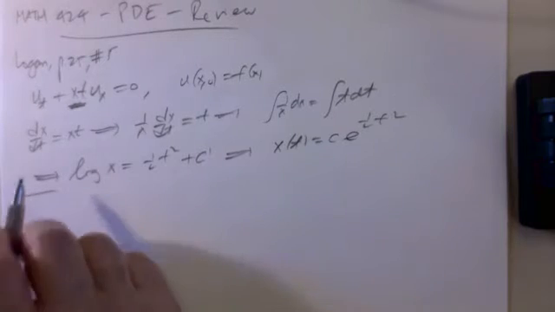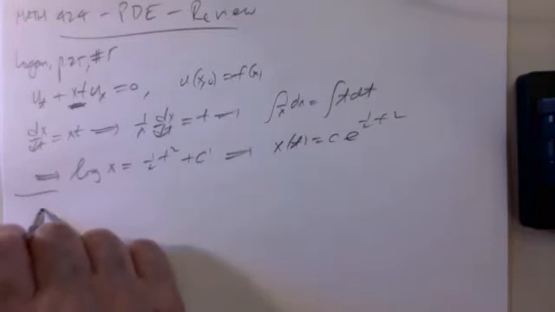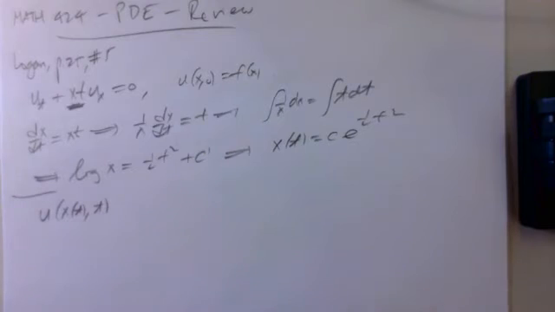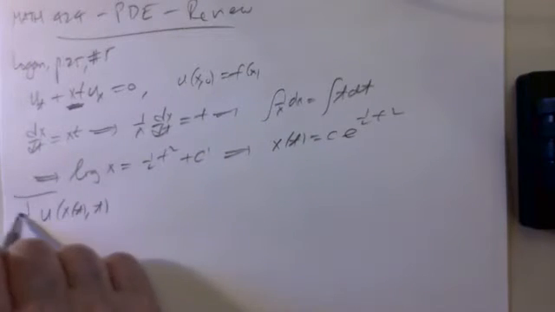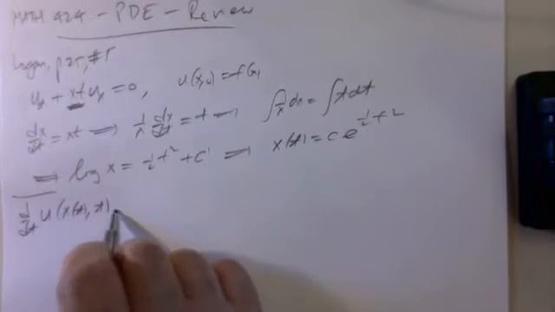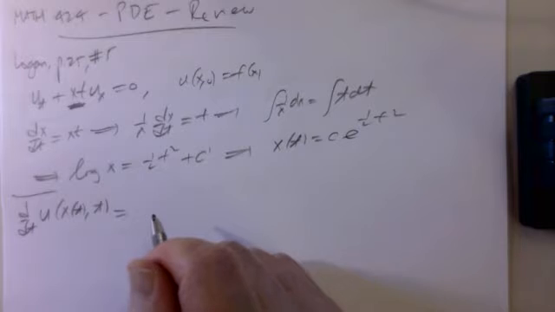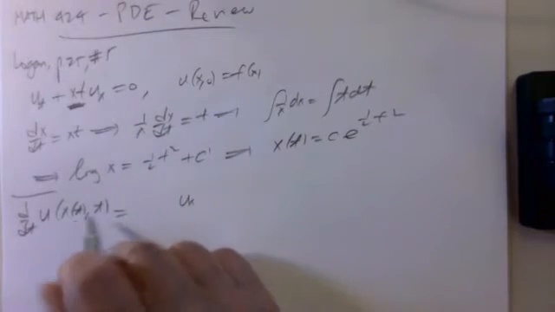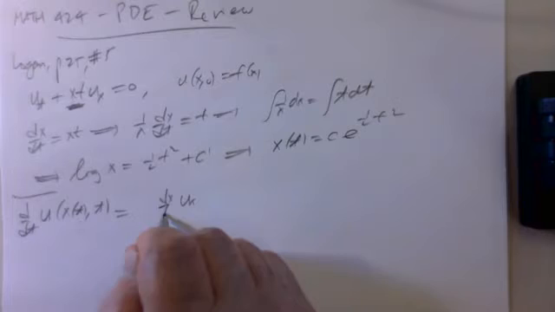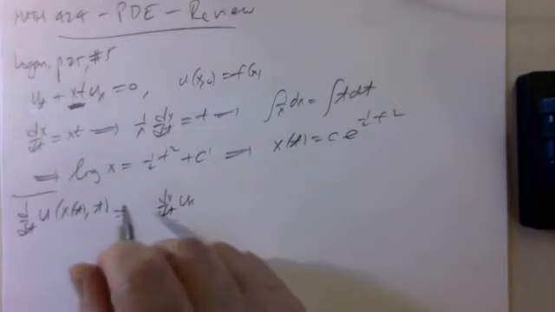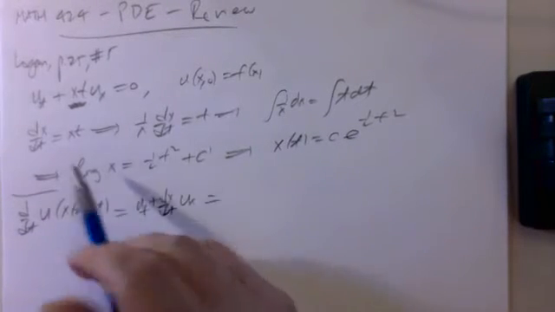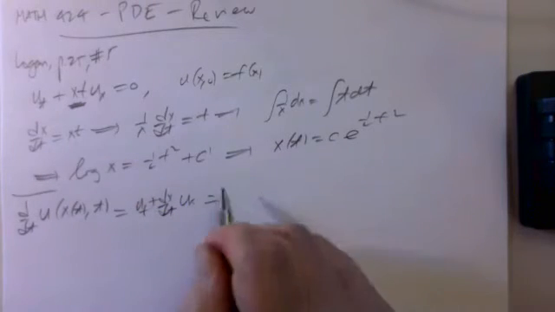Okay. And then the idea is if you look at the function u evaluated at x of t comma t, if we differentiate this with respect to t, we get the partial of u with respect to x times dx/dt plus the partial of u with respect to t. dx/dt is xt.